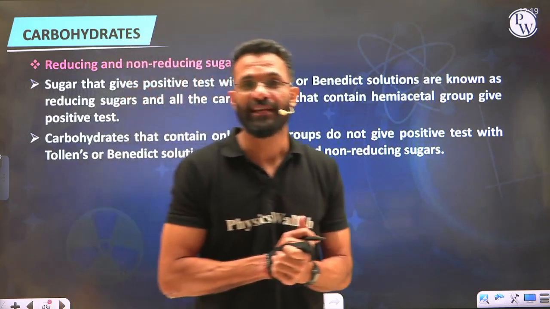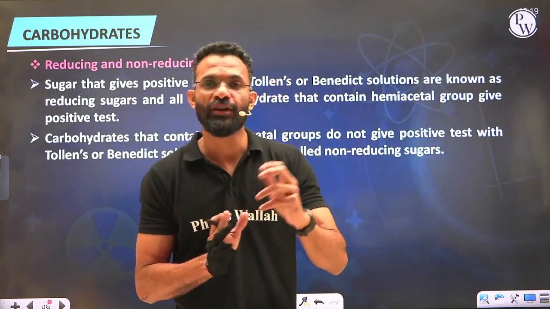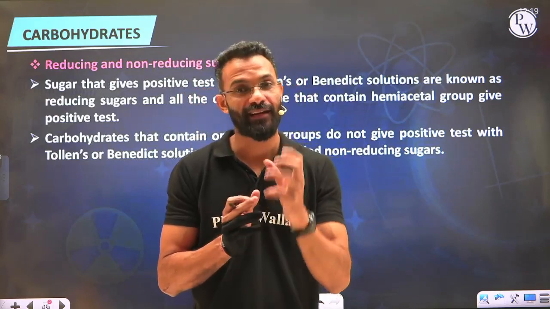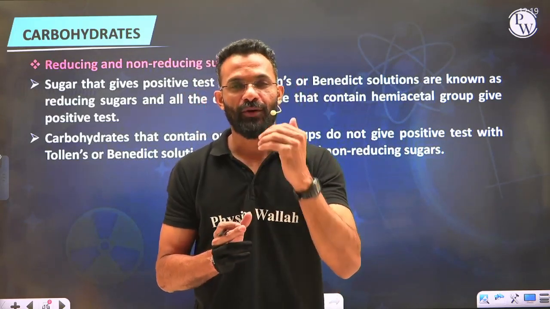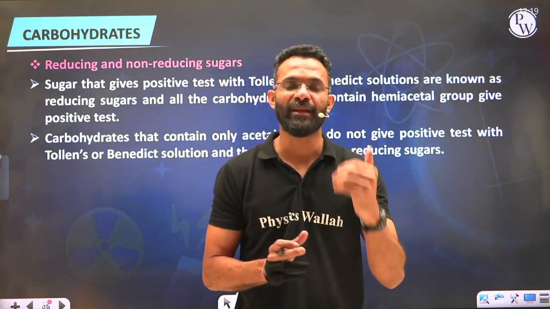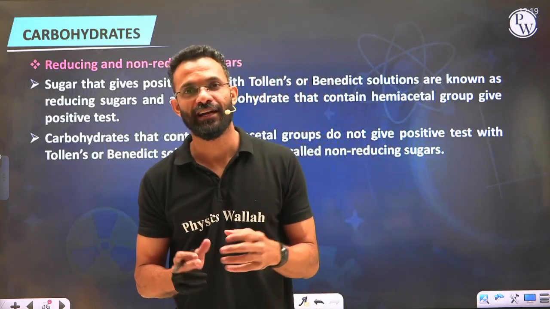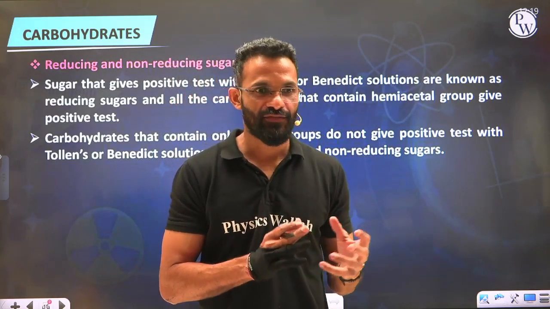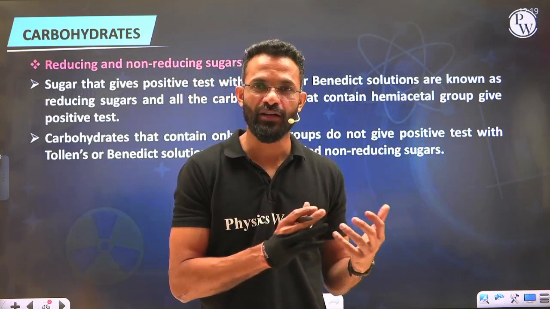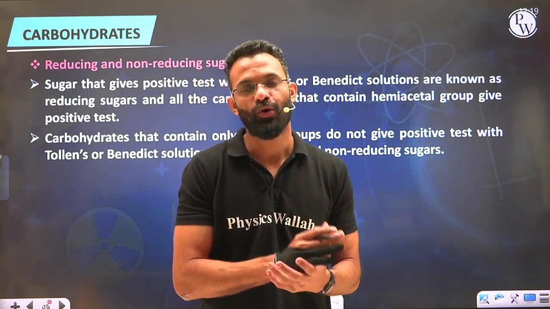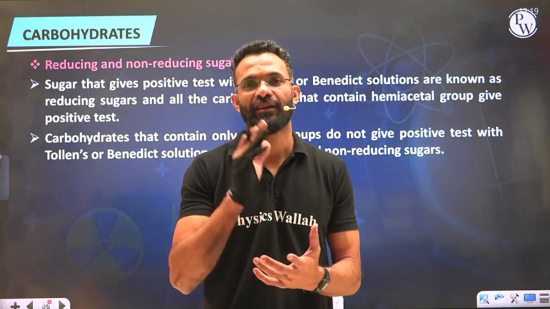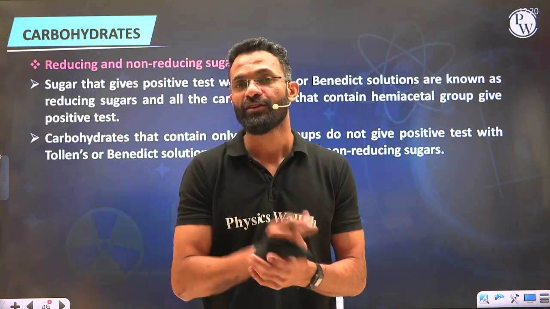Now the question arises: for them to be able to reduce, they need to have that aldehyde group, because reducing Tollens, Fehling and Benedict solution are the characteristic reactions of aldehydes. So this probably takes us to the conclusion that only those sugars having an aldehyde, that too a free aldehyde, should be able to reduce.